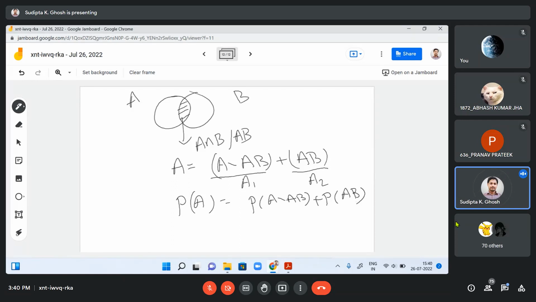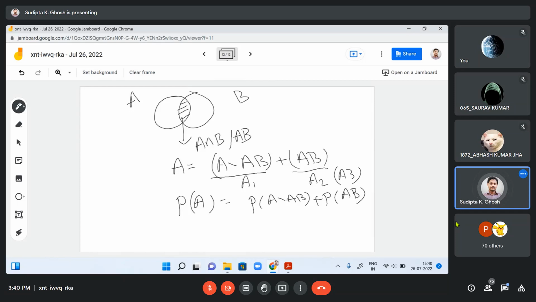Am I correct? If it is disjoint, by axiom number 3, I can write this.